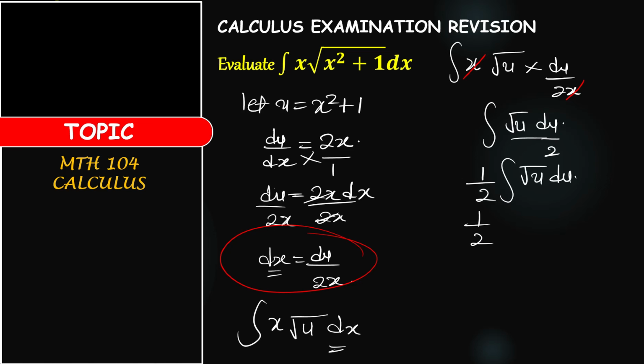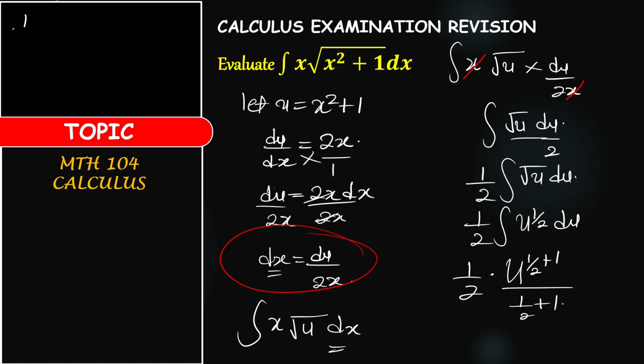Now root u is written as u to the power of half. So here will be half. Now when you integrate this, it's going to give us u, you add 1 to the power according to integration, divided by whatever you have here, which is half plus 1. So that at the end of the day, here will give us half u to the power of half plus 1, which is 3 over 2, divided by half plus 1, which is 3 over 2, plus c. Alright, exactly.